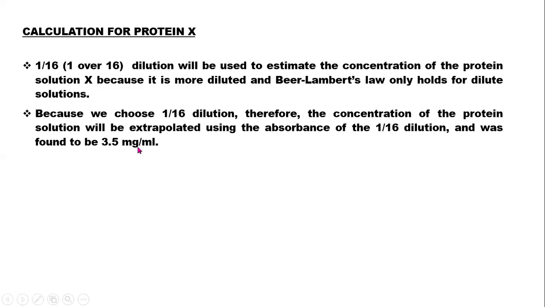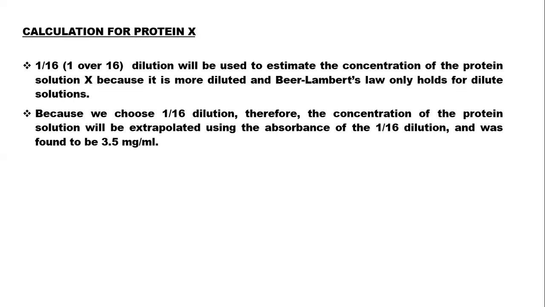So, but this is not the final concentration of the protein. You remember you carried out serial dilution and you use 1/16 dilution, which has the dilution factor of 16, right? So this is the absorbance you've gotten after the protein was diluted. This is the concentration you have gotten from the extrapolation, from the calibration curve.